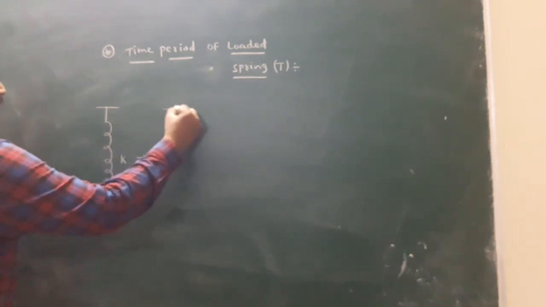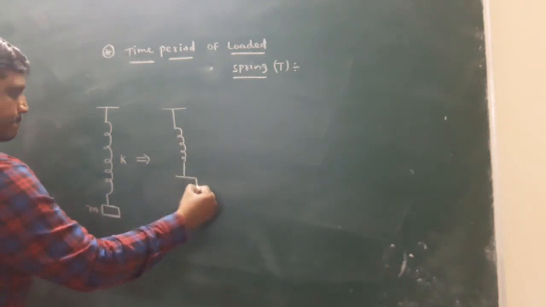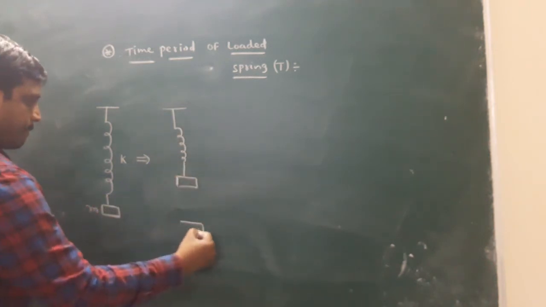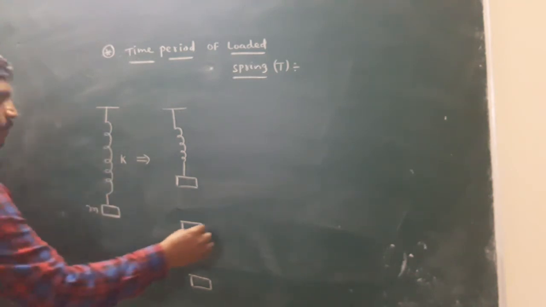Next, the same diagram. Please look here. What happens? This spring is pulled down and left free. What happens? This pendulum will oscillate about a mean position.